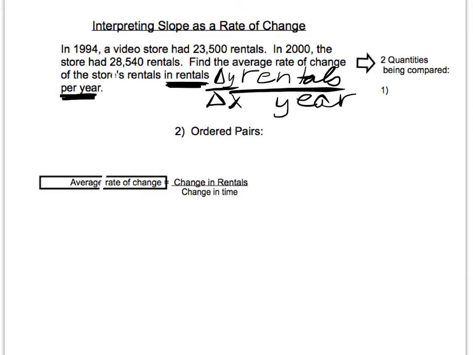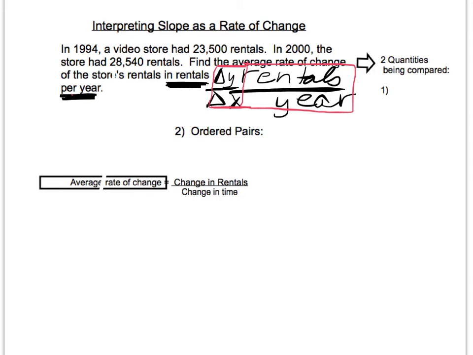Write that rate as a fraction, rentals per year. That rate is your slope, and by definition, slope is change in y over change in x. Notice how I wrote it right next to my English rate.